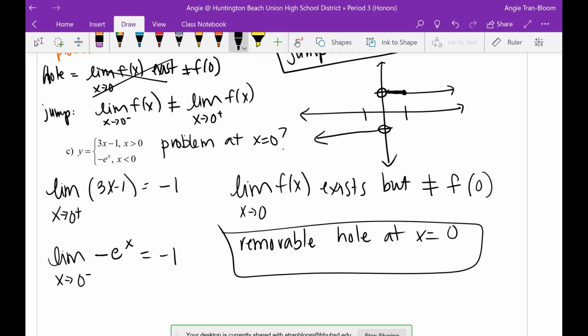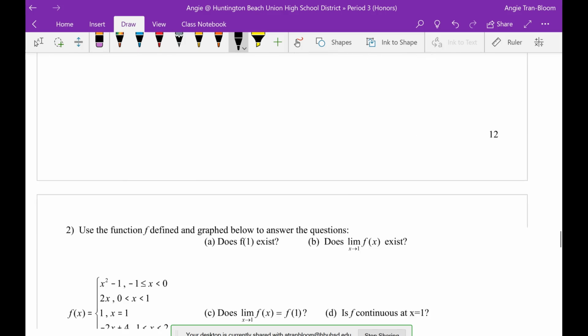So when it says find the points of discontinuity, we have to say which type of discontinuity. There's only one type that's removable, so that's a hole. If one of us is asked to find the points of discontinuity, we have to state the name. All right. Let's go do this one.